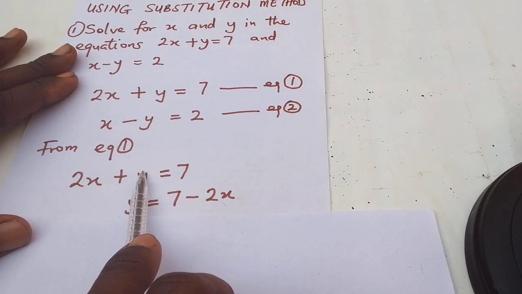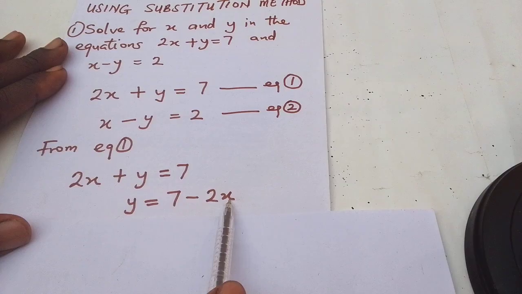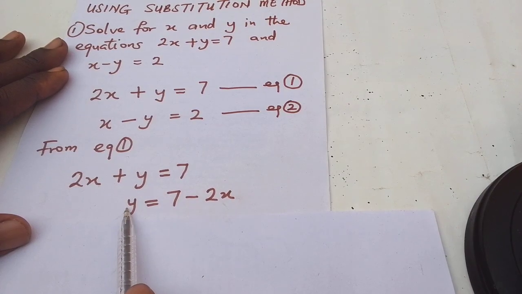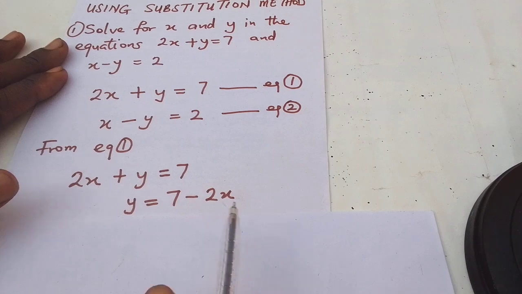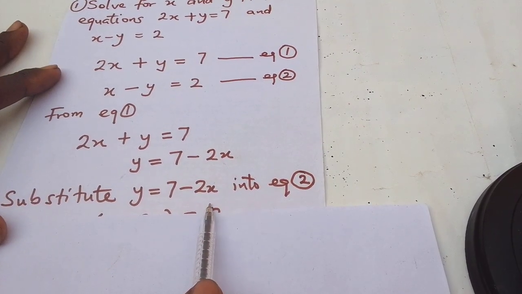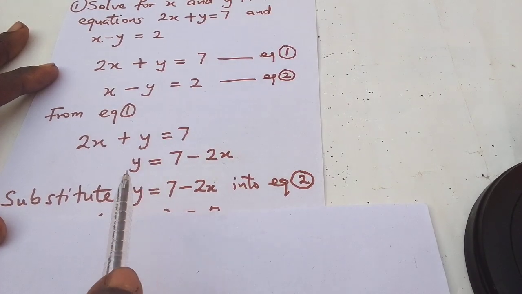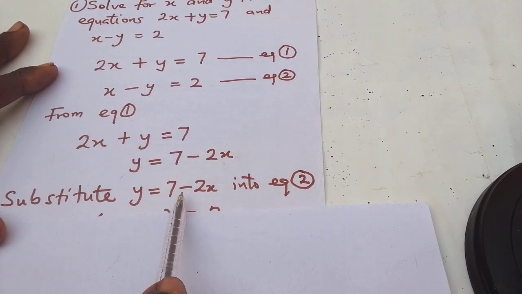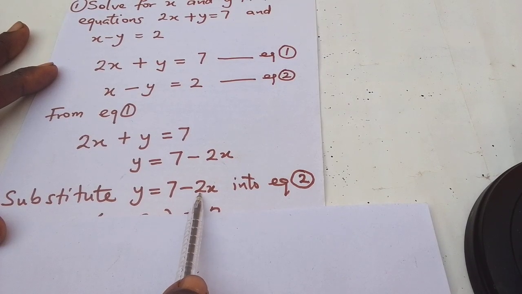So you are left with y is equal to 7 minus 2x. You will now substitute y is equal to 7 minus 2x into the second equation, equation 2. This means that any place you see y, you are going to put the value 7 minus 2x.